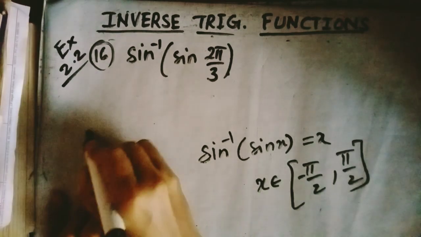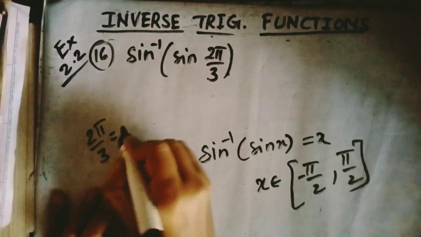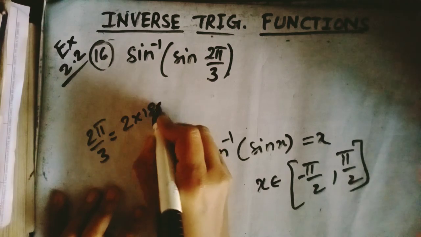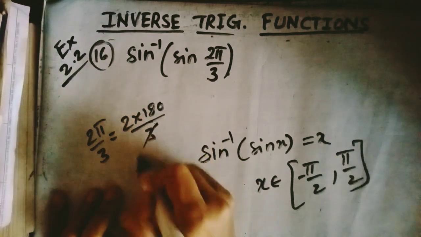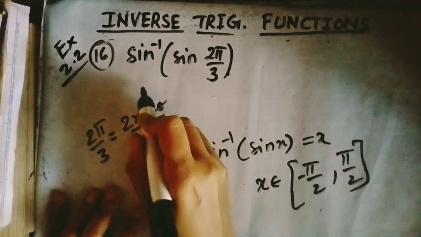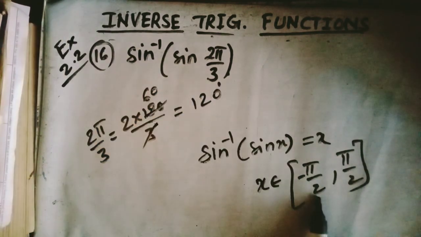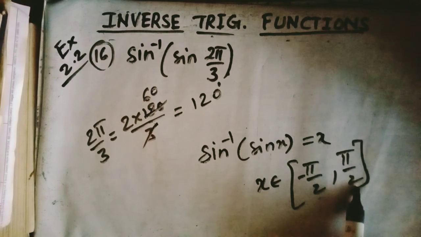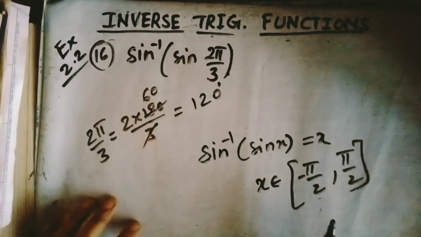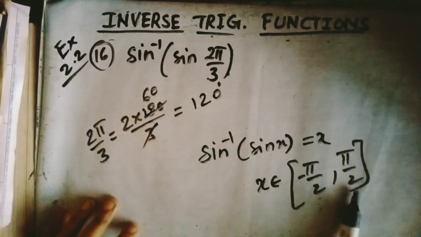Okay, 2 pi by 3 value is what? This is your 2 into 180 upon 3. Okay, so this will be 120, and this is minus 90, this is plus 90, so this doesn't fall in this interval.